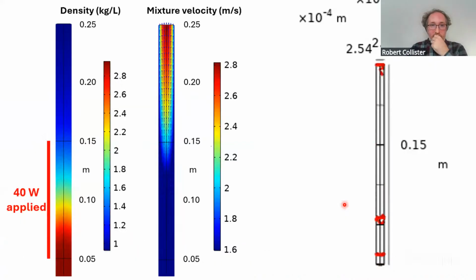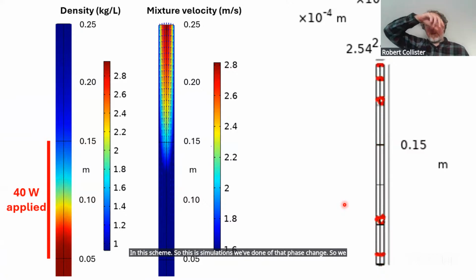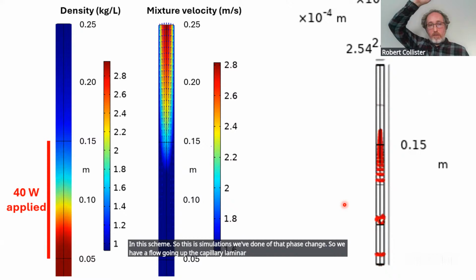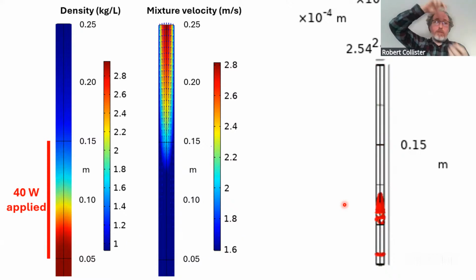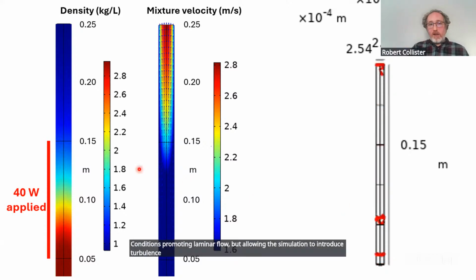These are simulations we've done of that phase change. We have flow going up the capillary, with conditions promoting laminar flow, but allowing the simulation to introduce turbulence as we're applying heat. We need about 40 watts to add enough energy to complete the phase transition for the flow rate that we're targeting.